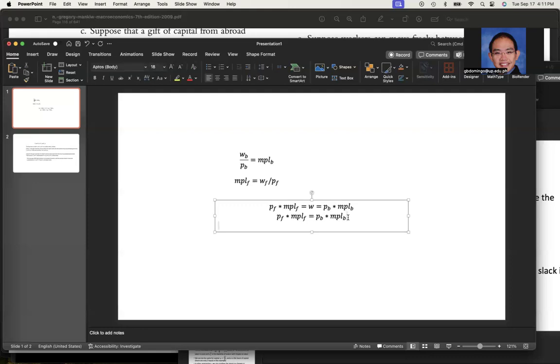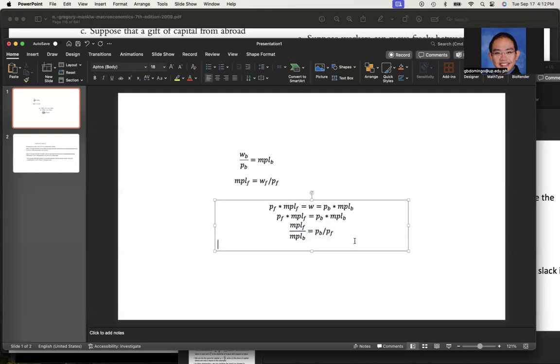And then this one can further be simplified by saying the following. Okay. Is this correct? No, this is opposite.